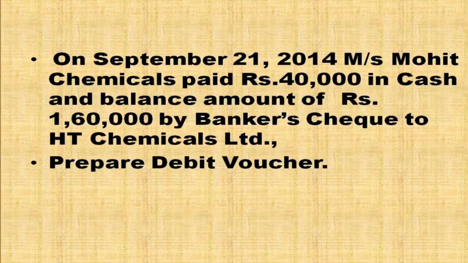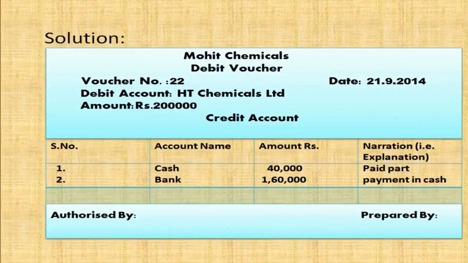Here is a question to prepare a debit voucher. On September 21, 2014, Messrs. Mohit Chemicals paid rupees 40,000 in cash and the balance amount of rupees 1,60,000 by banker's check to HT Chemicals Limited. So, the name of the organization, Mohit Chemicals, goes at the top.